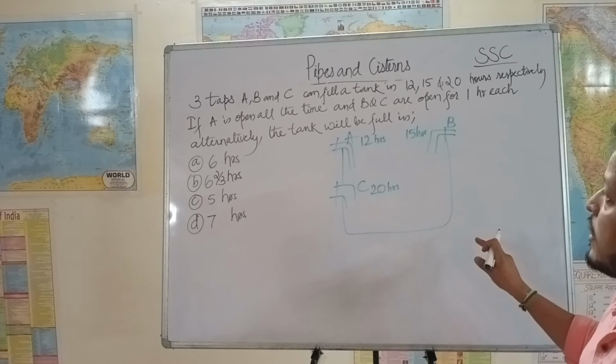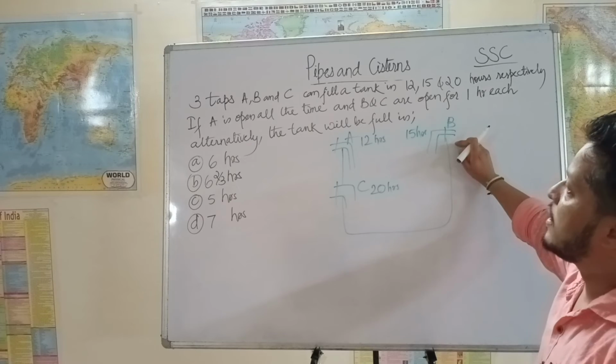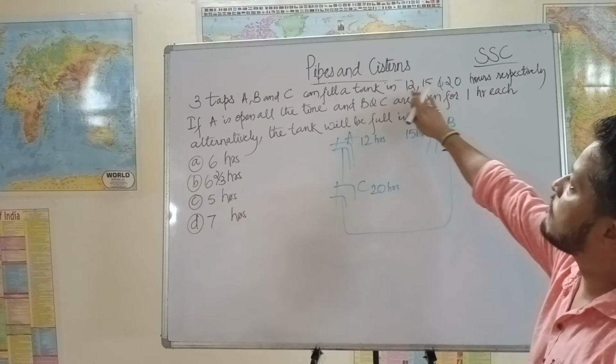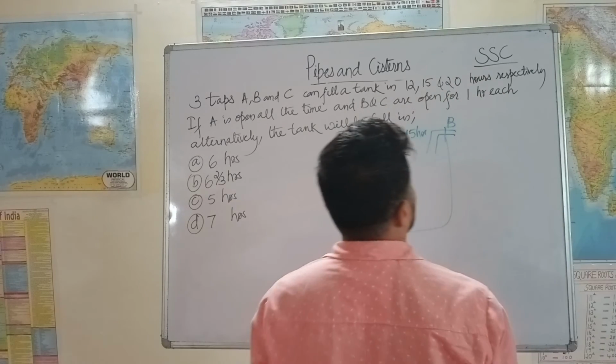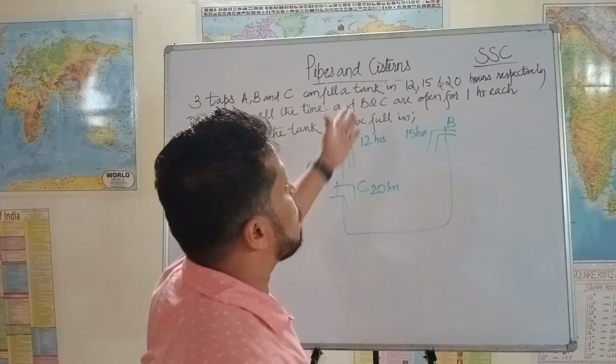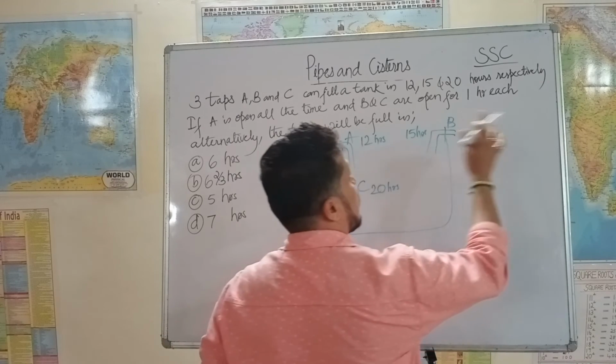In order to do that, let's try to find the capacity of the tank in terms of their efficiencies. Since 12, 15 and 20 are the individual times, we'll find the LCM of these three numbers and assume that as the capacity of the tank.